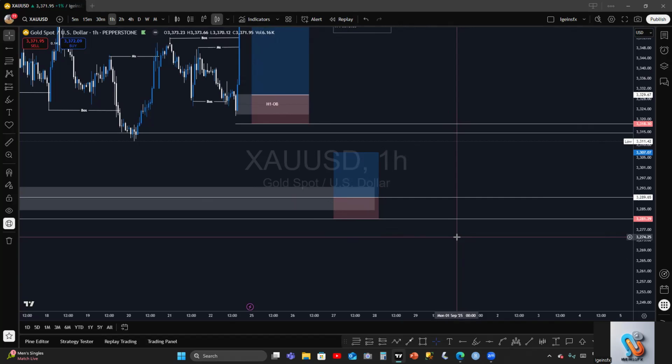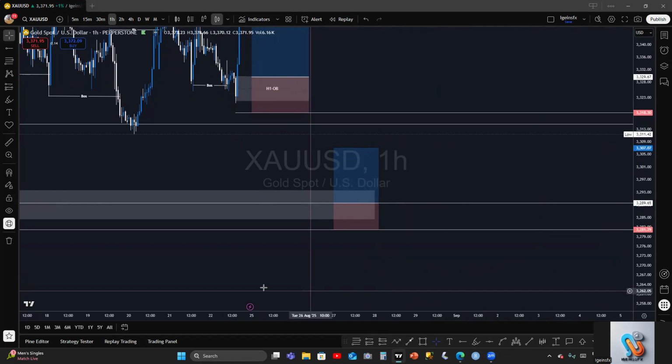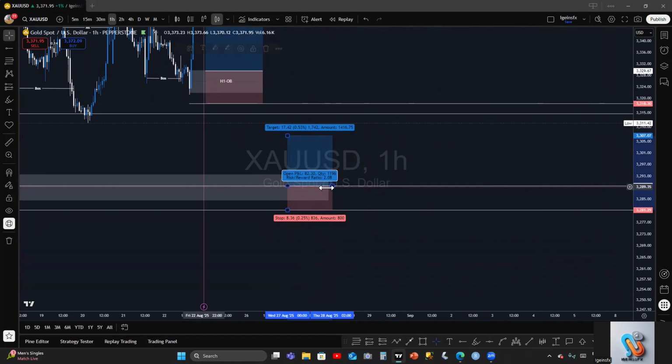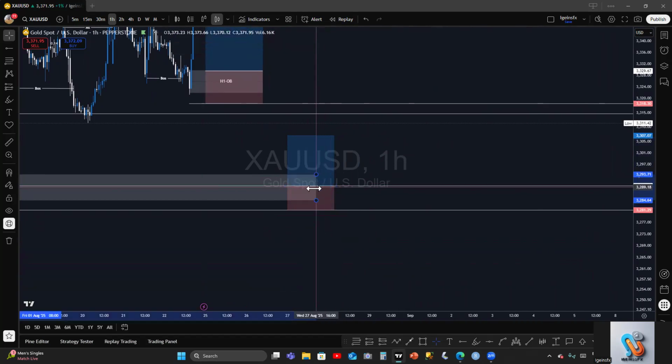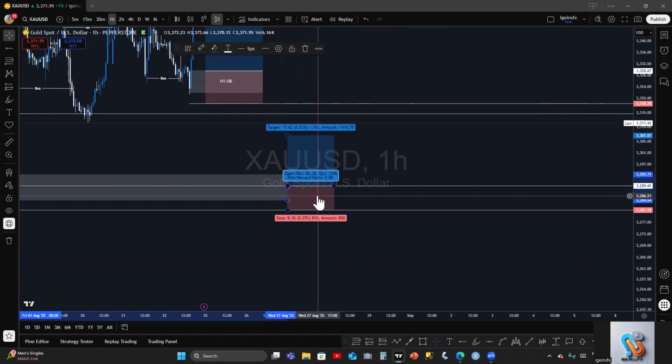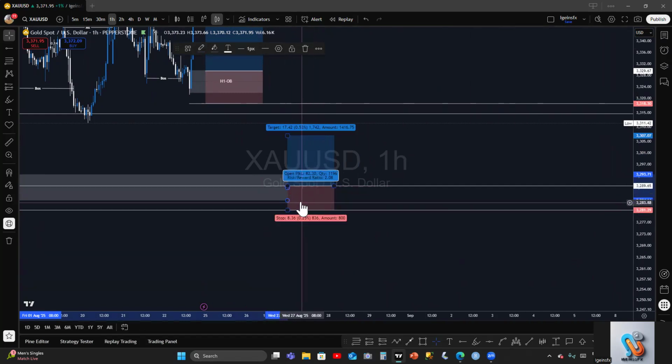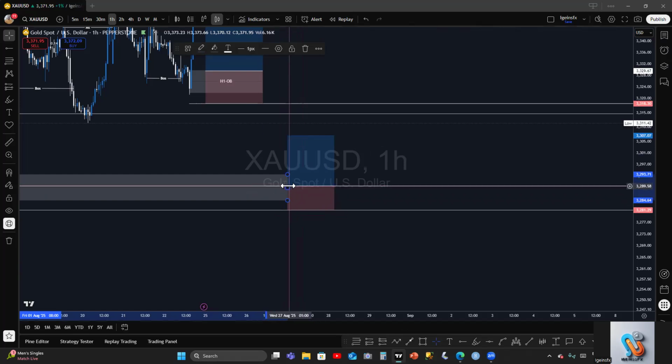Have that in mind, because there's what we call cost per pip. Like right now, this is 8 pips, because we are taking from the midpoint.